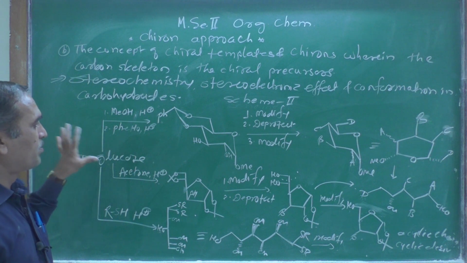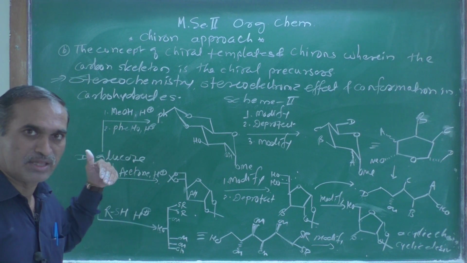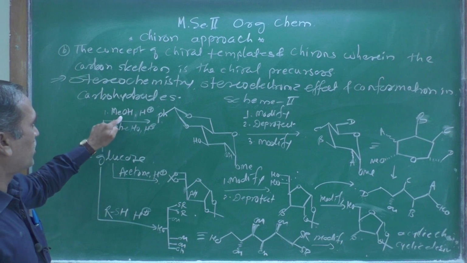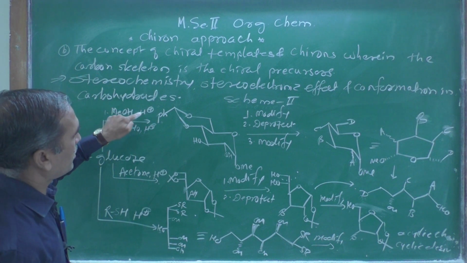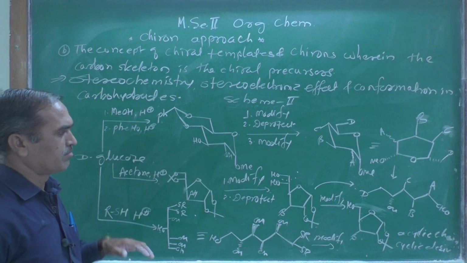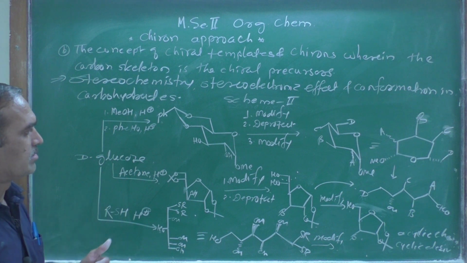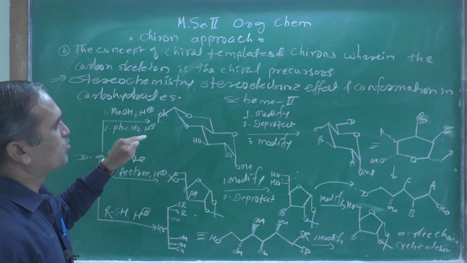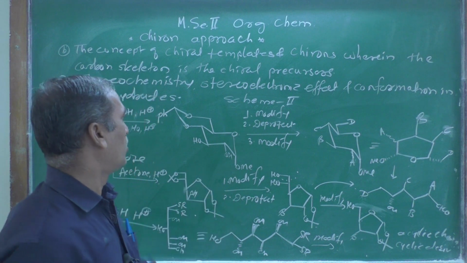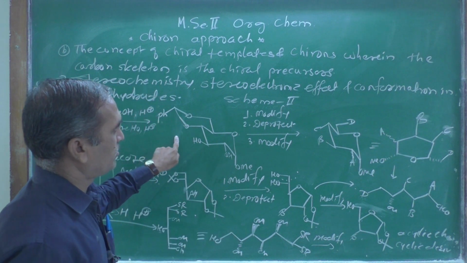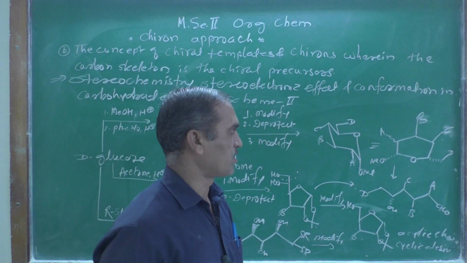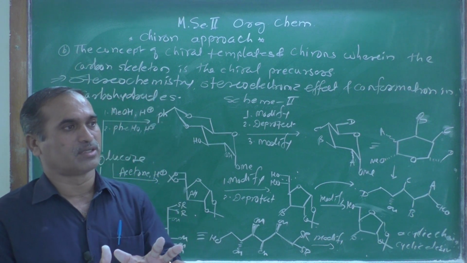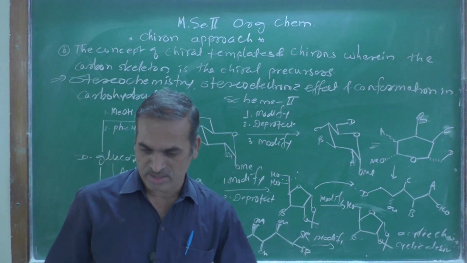As we know, it is open chain D-glucose, or it may be present in a higher percentage as cyclic in the chair form, and when it is treated with methanol, the axial OH group gets converted into an ether. Then PhCHO is known for the protection of the 1,3-diol, which is protected like this, and then modify, deprotect, modify, we will get this type of compound. So the final goal is to achieve the precursor in any way so that we can synthesize our target molecule.